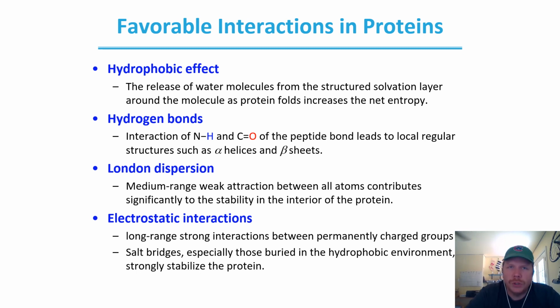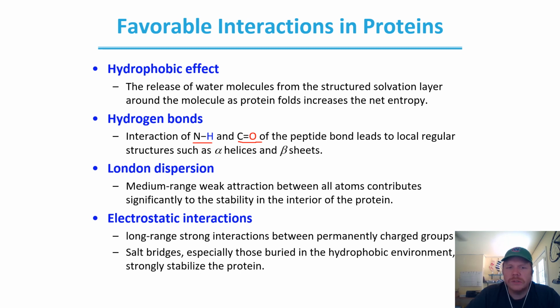First of all, you do have hydrophobic residues, and as a result, the hydrophobic effect is going to be in effect and does have an impact on a protein's fold. There are hydrogen bonds that exist between the N-termini and the C-termini of different amino acid groups. So the N-termini of one amino acid is going to interact with and form a hydrogen bond with the C-termini of another amino acid.